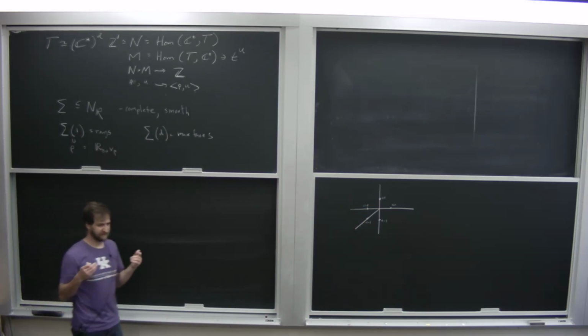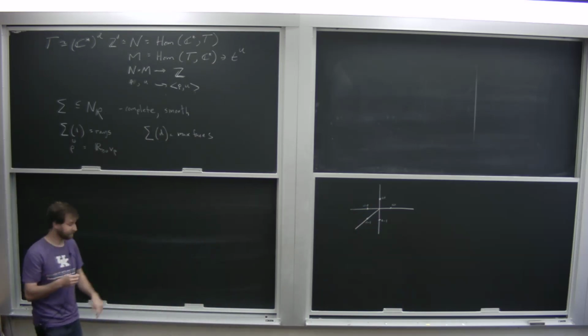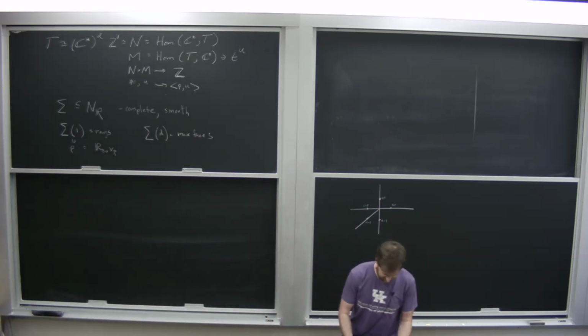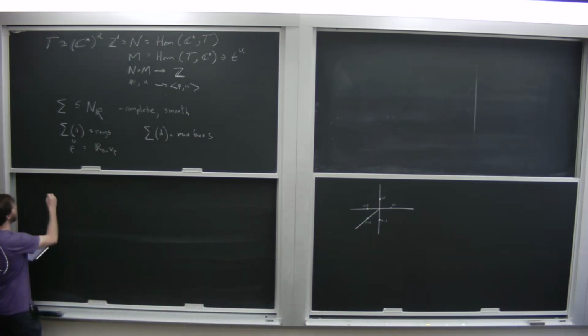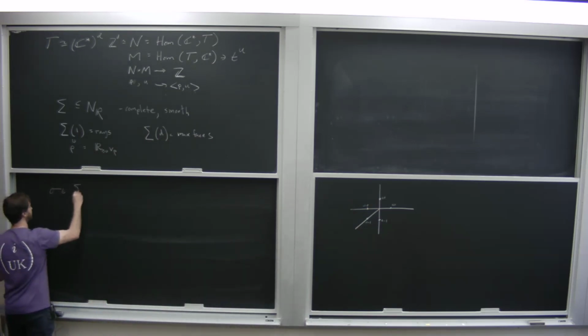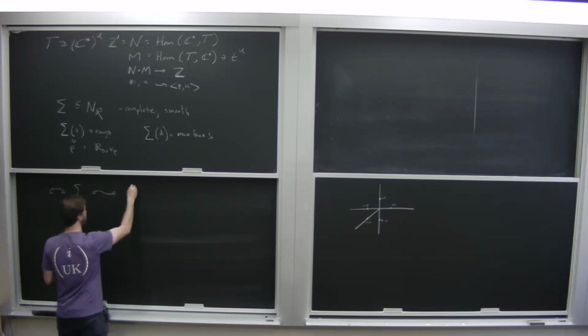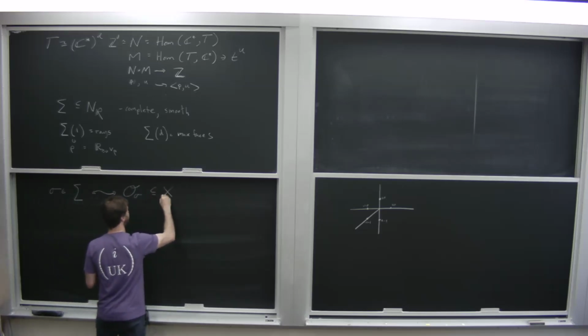Now I'm going to start talking about the geometry that goes with this data, right? So just want to keep my notation the same as in my notes. So for every face in the fan, we're going to get an orbit of the toric variety associated to this fan.